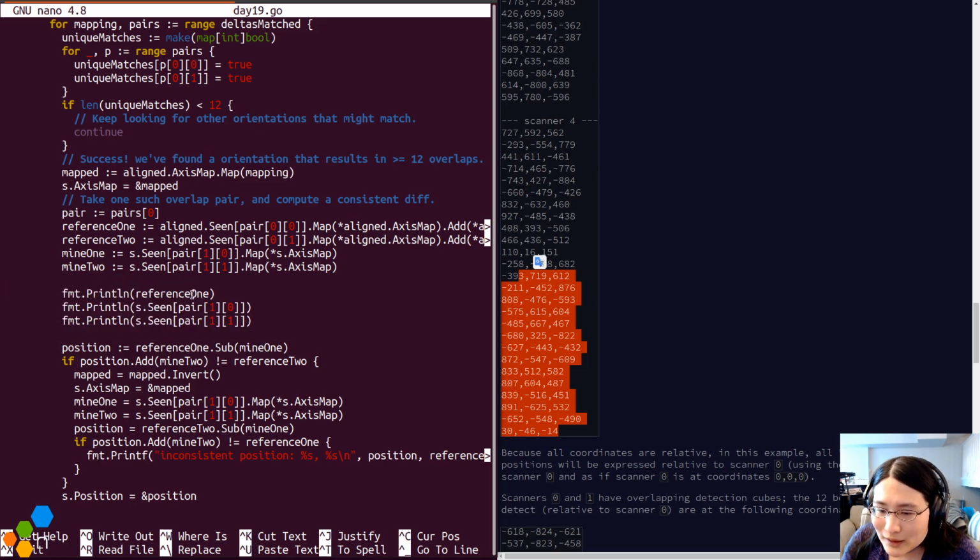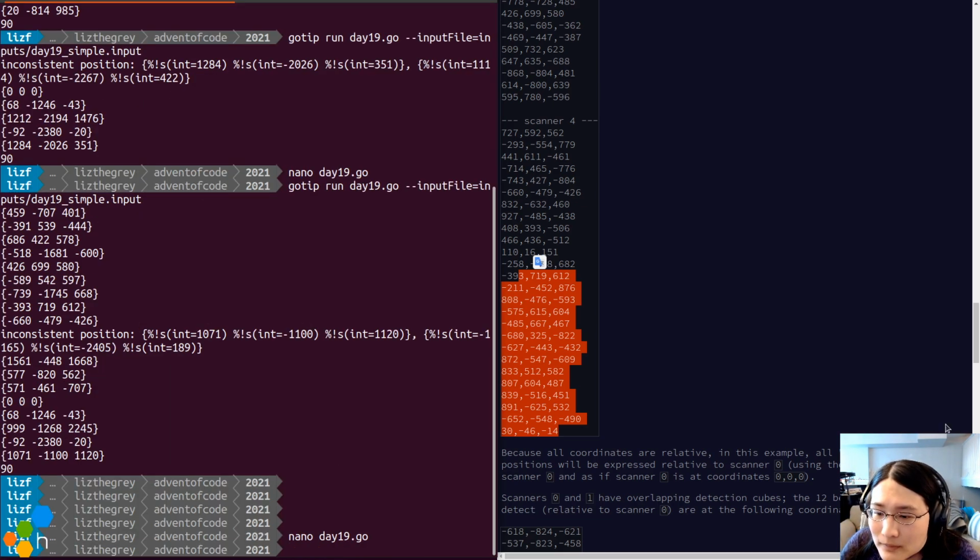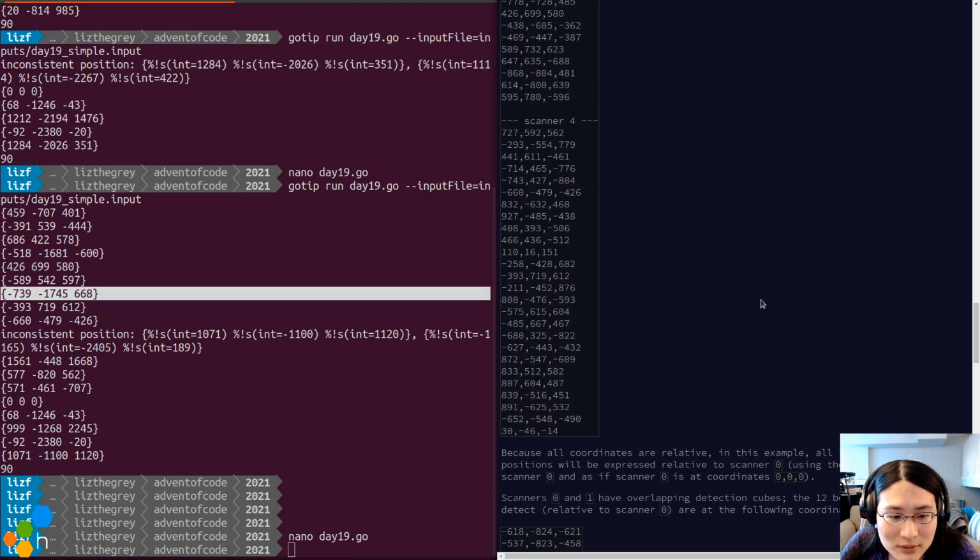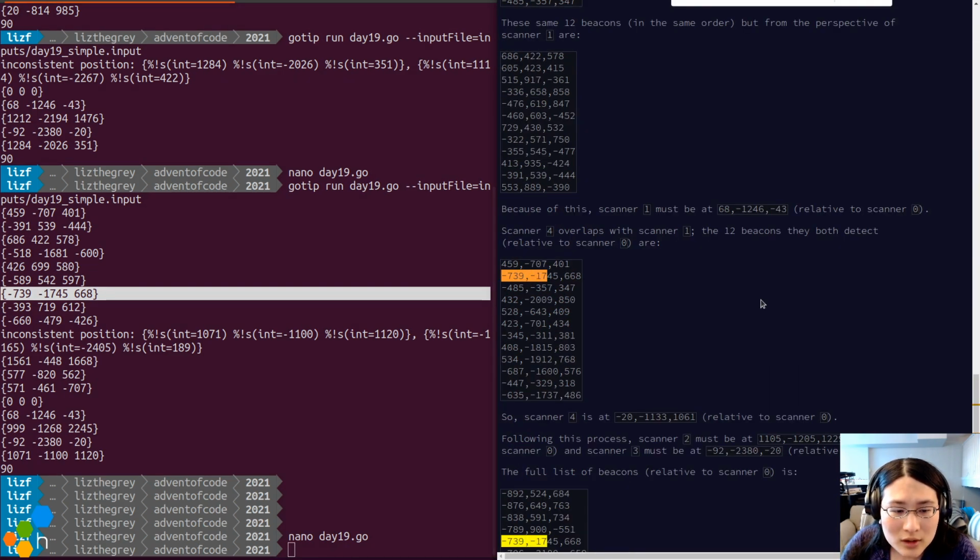I'm printing the reference point that's in the overlap, and I'm printing the two offsets that it could potentially be. Right, so this one is -735, 668.